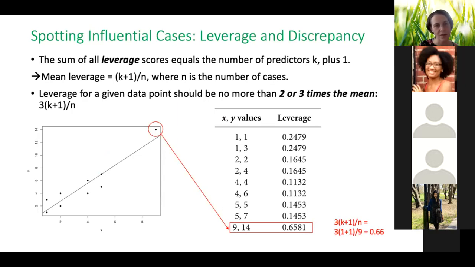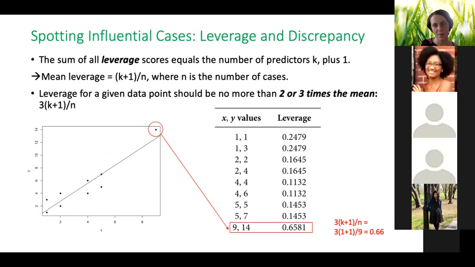So if we wanted to check whether a point has unusual leverage, whether it's potentially problematic because of its leverage score, then we have to compare it to some threshold, right? And there are different guidelines in the literature for what the thresholds are.